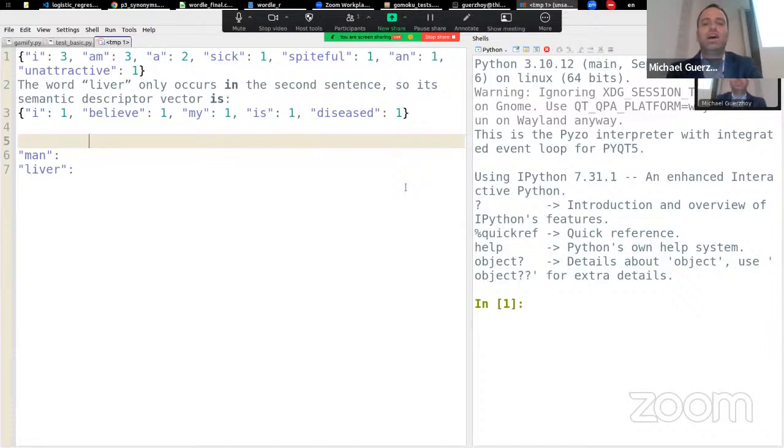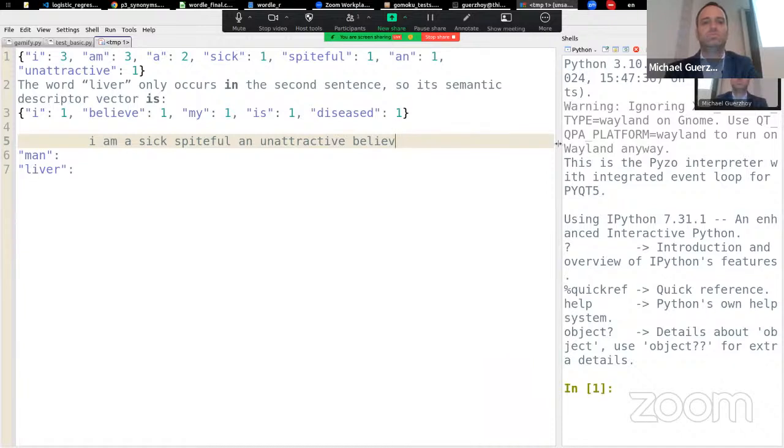The co-occurrence count would be with I and am and a and sick and spiteful and an and unattractive, as well as with believe. So I skipped the I because that was already here. And with my and is and deceased.